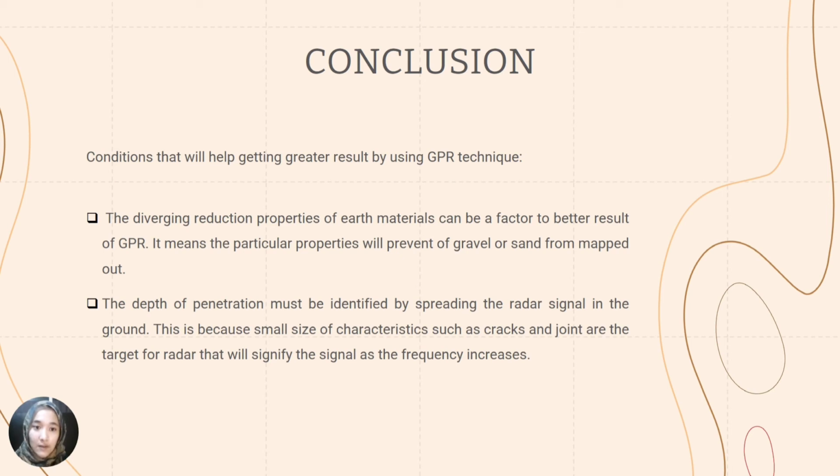The first condition is the diverging reduction properties of earth materials that can affect a better result. It means the particular properties will prevent gravel or sand from leaking out. The second is that the depth of penetration must be identified by spreading the radar signal in the ground. This is because small characteristics such as cracks and joints are the target for the radar, which will signify the signal as the frequency increases.